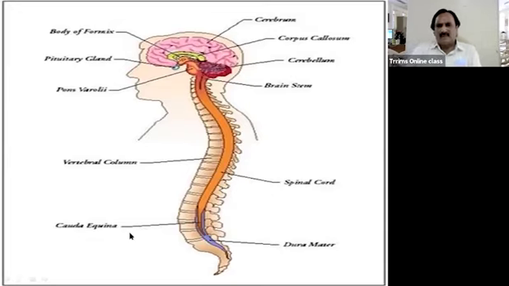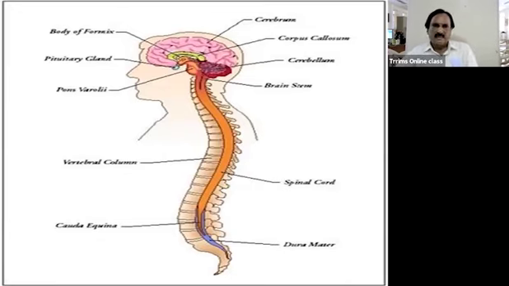These are the terms commonly asked in the viva in anatomy or physiology. It means you know about the conus medullaris, the spinal cord, and the rootlets coming out from the terminal end of the spinal cord.